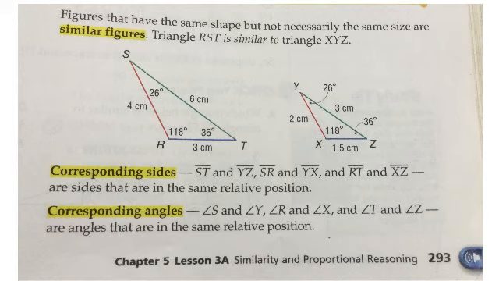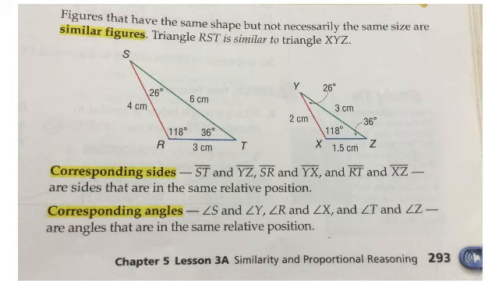We could also name it triangle STR or triangle TRS. Clockwise? No, you can go the other way too if you wanted to. Triangle SRT, triangle RTS.